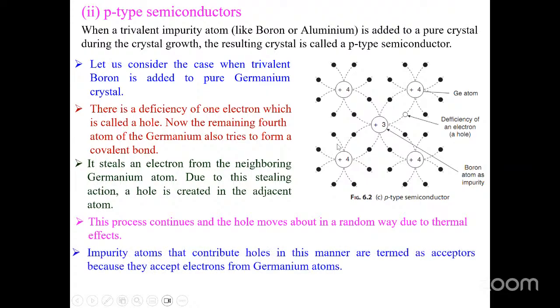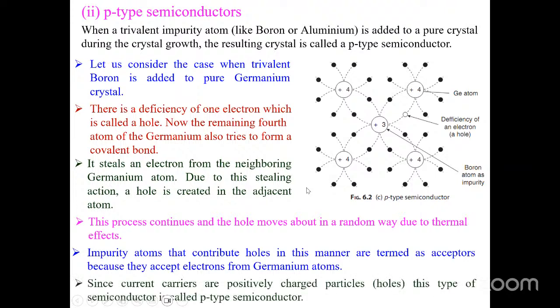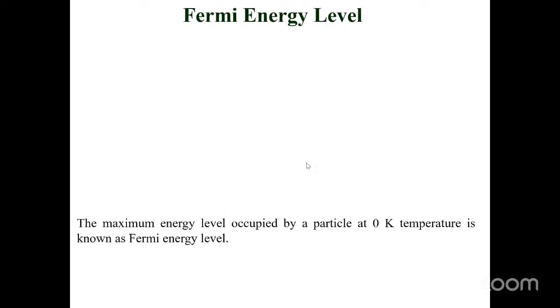Impurity atoms that contribute holes in this manner are termed acceptors because they accept electrons from germanium atoms. Since current carriers are positively charged particles, this type of semiconductor is called a P-type semiconductor. Next, Fermi energy level.